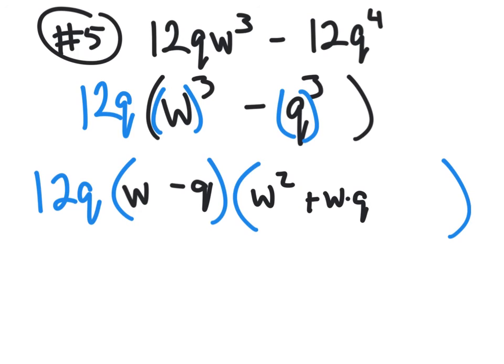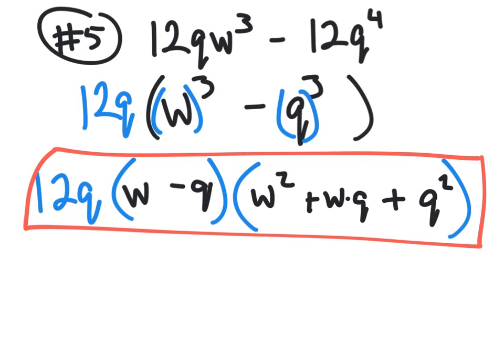And of course, the other squared term is always positive also. And what's the other term? It's Q squared. Ladies and gentlemen, this is your final answer to this factoring question.